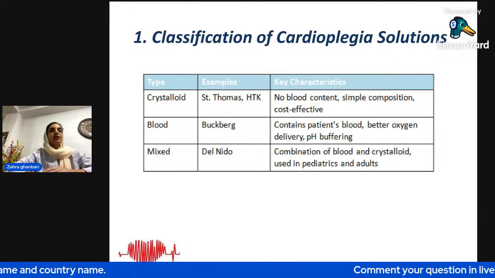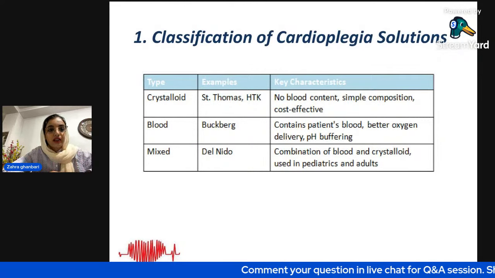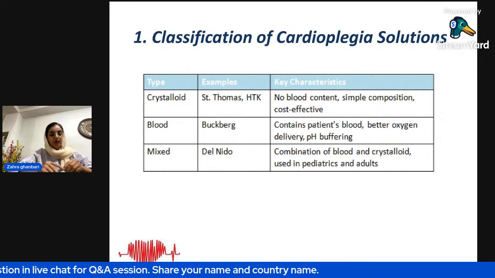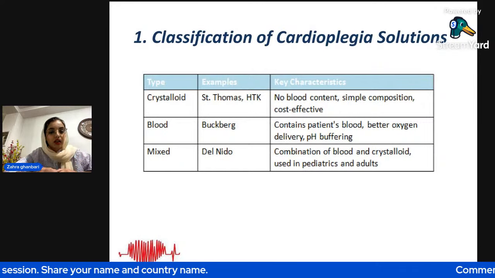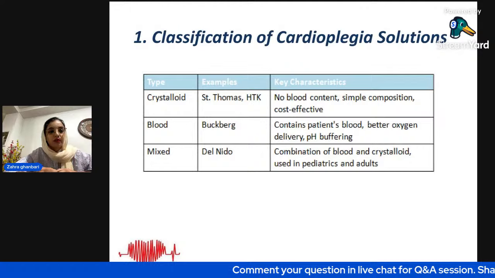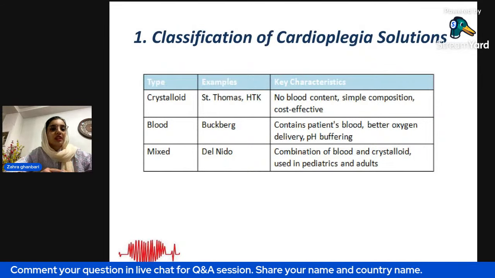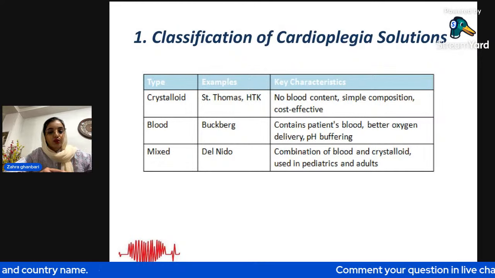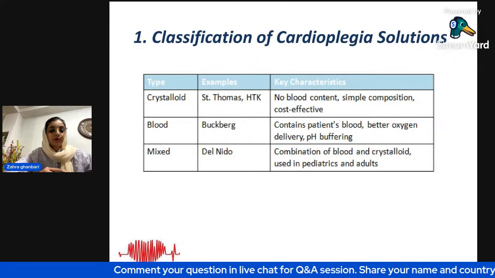This table shows the classification of cardioplegia solution, based on composition. One type is crystalloid. Crystalloid cardioplegia is made of electrolytes, buffer, and metabolic substrate without blood. The advantages are that they are simple and inexpensive, and the clear solution allows good visualization of the surgical field.